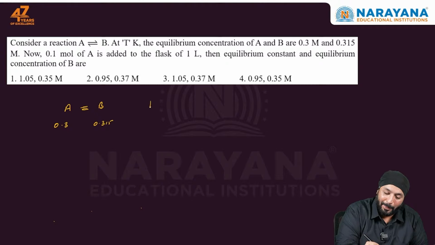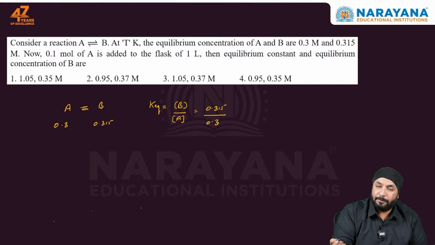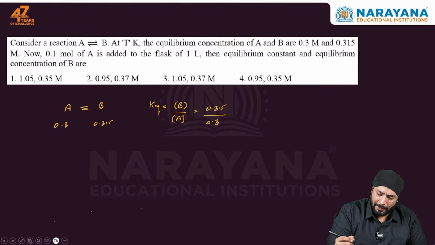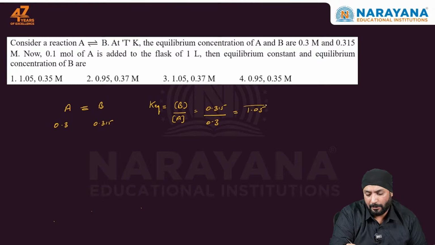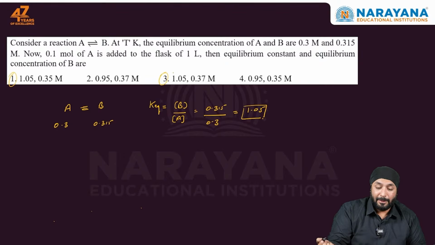So the equilibrium constant is the concentration of B divided by the concentration of A, which comes out to be 0.315 divided by 0.3. Clearly the equilibrium constant is 1.05. We have the option 1.05 as 1 and 3, so let us check between 1 and 3, right.